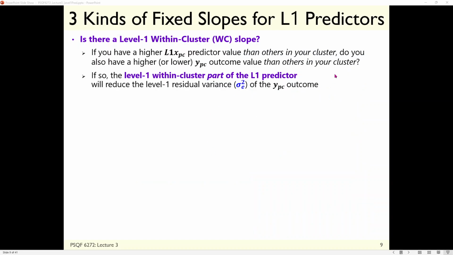So the three things that you might want to know out of a level 1 predictor. In purple, at level 1, is there a within cluster slope? This is the point of adding the predictor, to answer this question. If I'm a student with a higher value of my level 1 X relative to my peers in my school, is my outcome higher than theirs too?